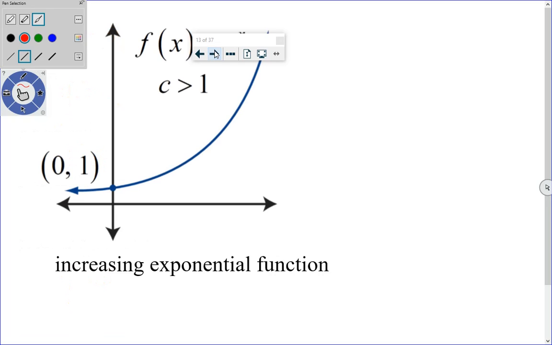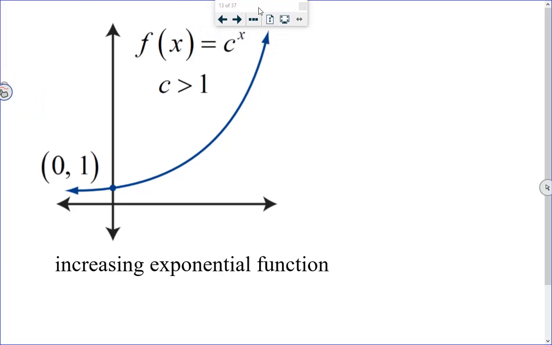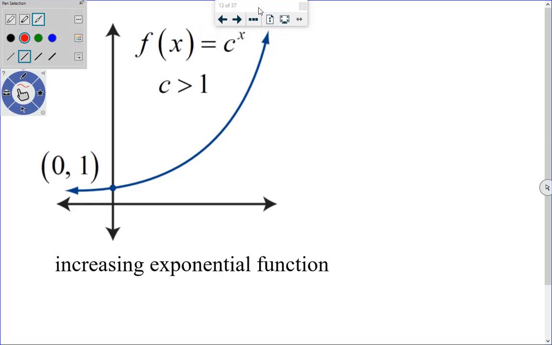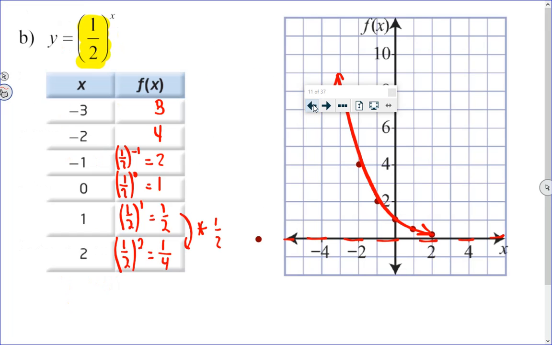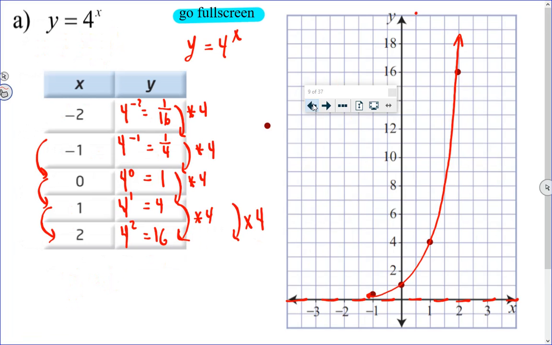All right, a quick review here of some things. If the base is bigger than 1, then the graph ends up looking like this. So when you take a look at the graph in example 1, the base was 4. And the graph, when you look from left to right, goes uphill.